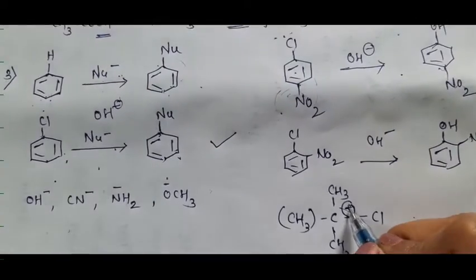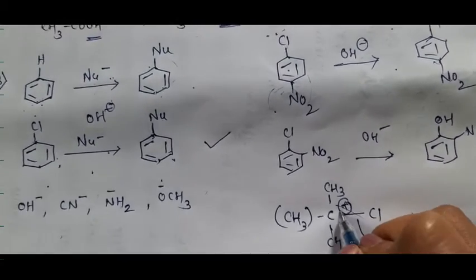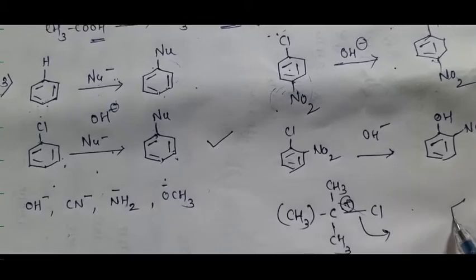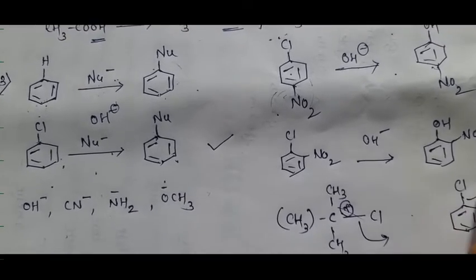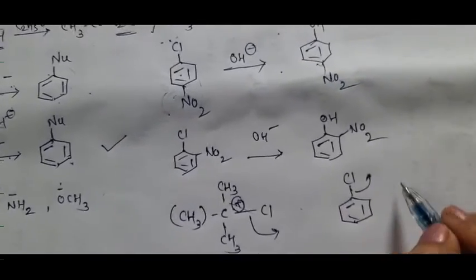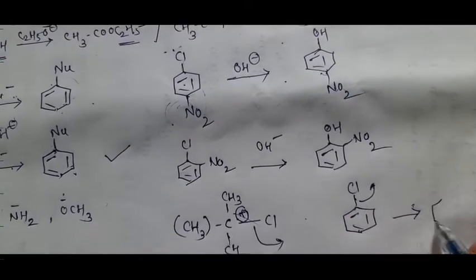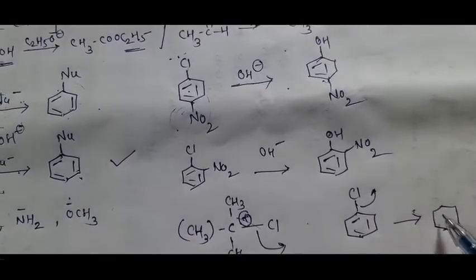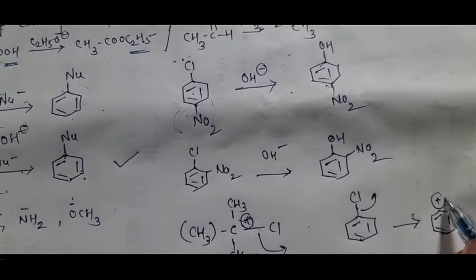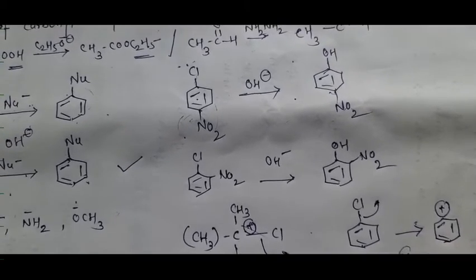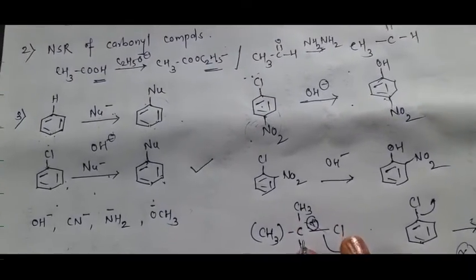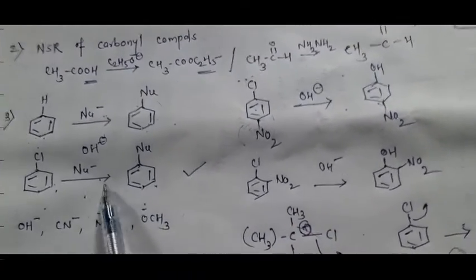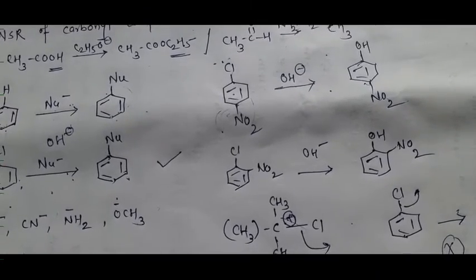Now if I extrapolate a similar mechanism to chlorobenzene, this Cl has to depart, and then it will be converted into a carbocation, which is really very difficult, and rather not possible. Thus we have seen that SN2 is not possible, and SN1 is not possible.